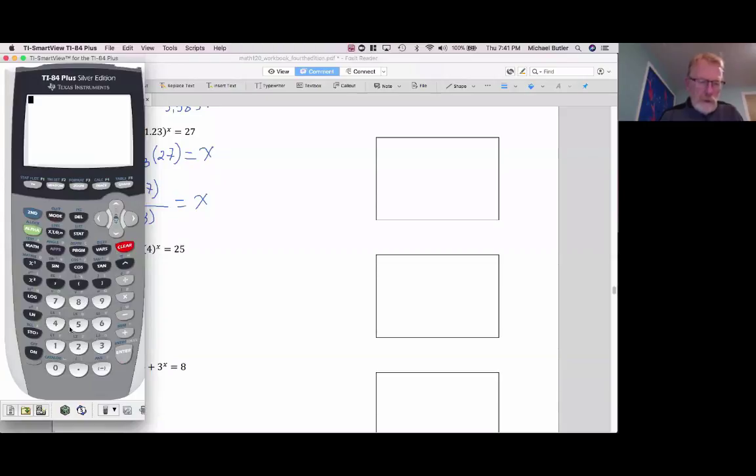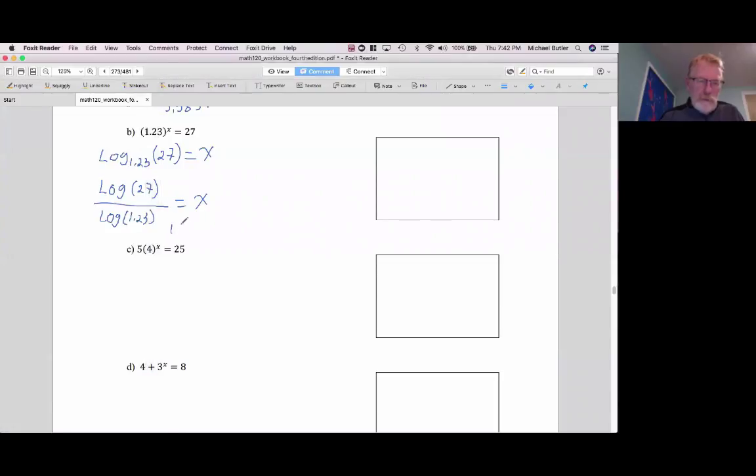So I'm going to go log of 27 divided by log of 1.23. Dread, I forgot to close my parentheses. So start over. Log of 27 divided by log of 1.23. Always remembering to balance my parentheses and put the closed one in there. And I get back a decimal approximation of 15.921 out to 3 places.